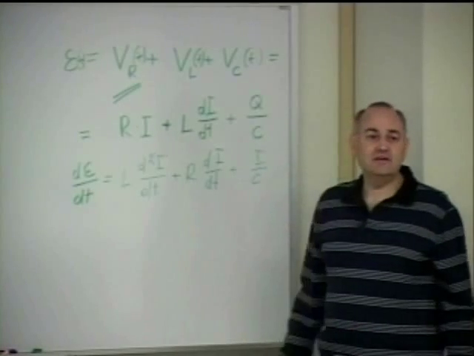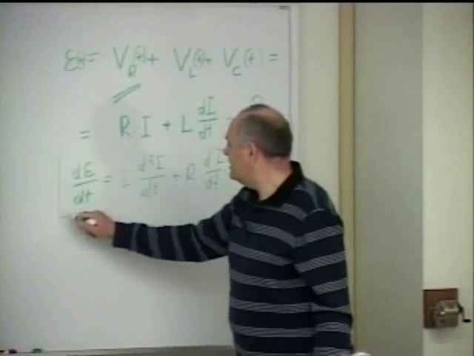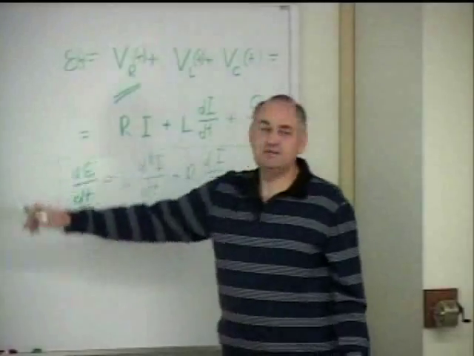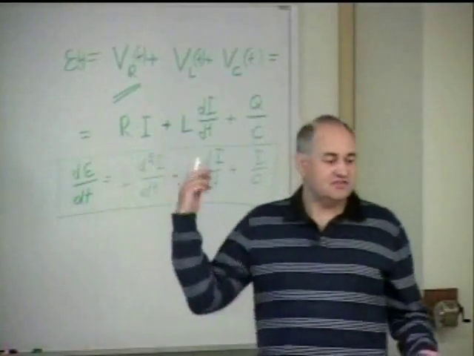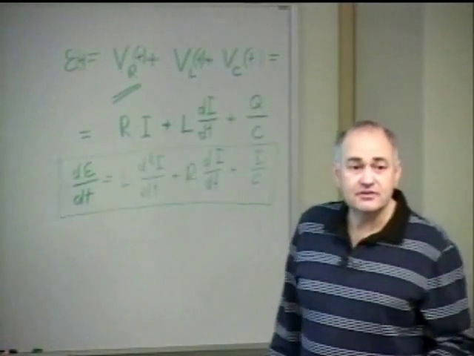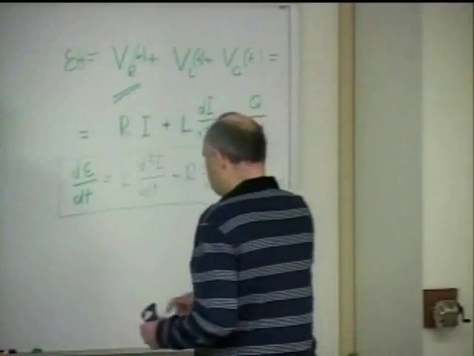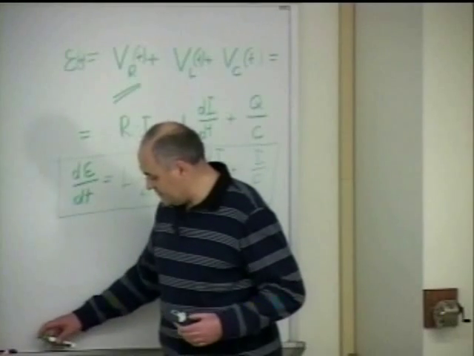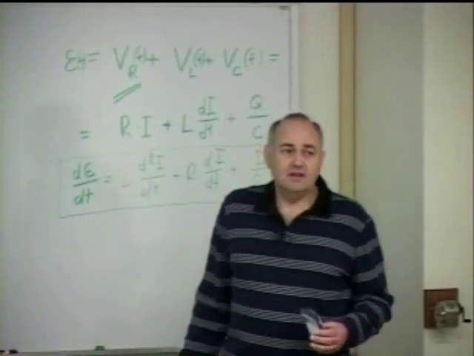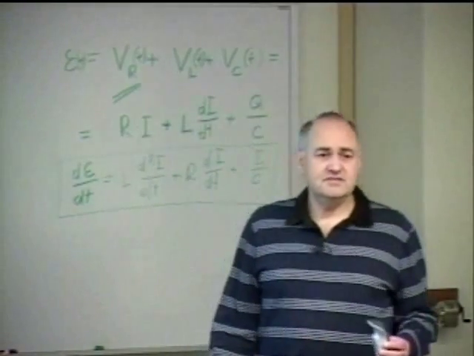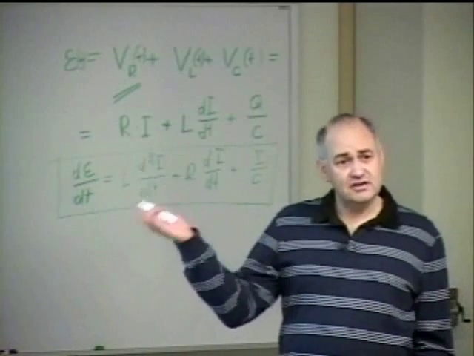So I can plug in a general form for the current: current is equal to peak current times sine of angular frequency times time plus delta I.